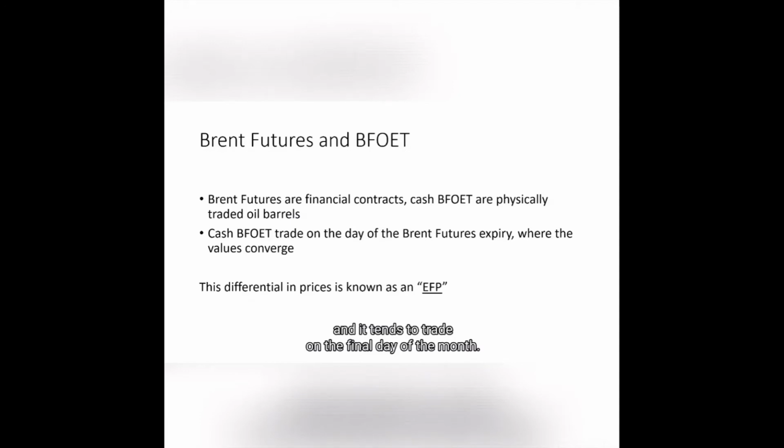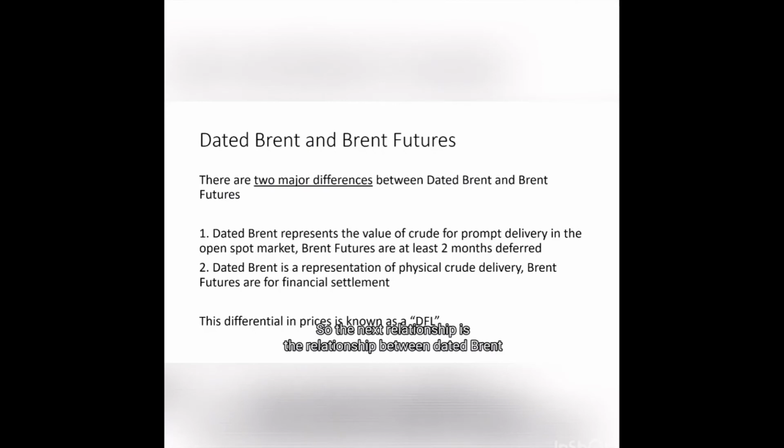The next relationship is the relationship between dated Brent and Brent futures, also known as a DFL in the market. There are two major things that distinguish a dated Brent contract from a Brent futures contract. Firstly, it's the difference in whereabouts on the curve they trade.